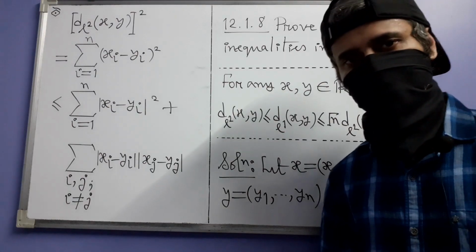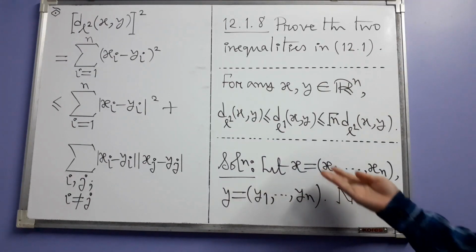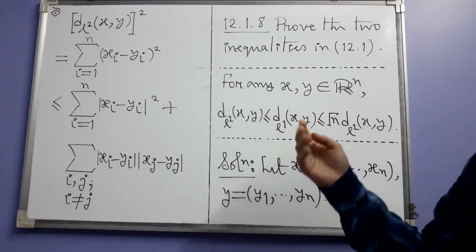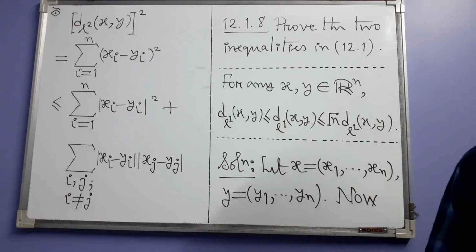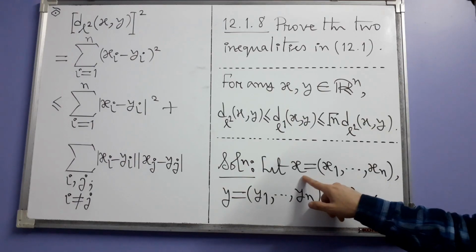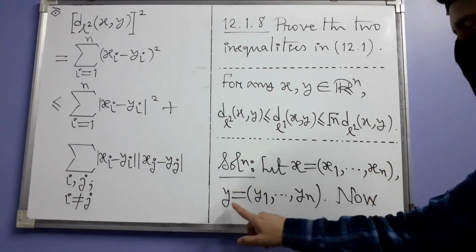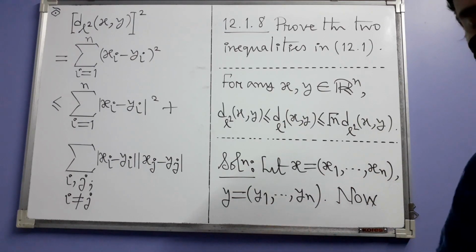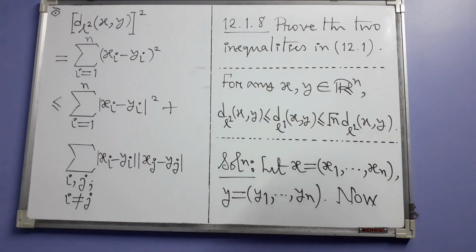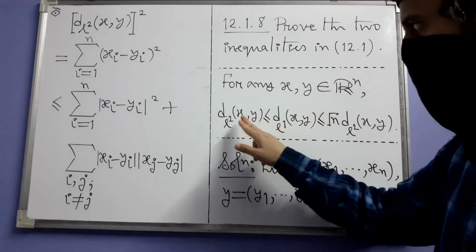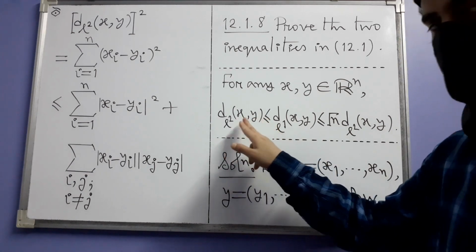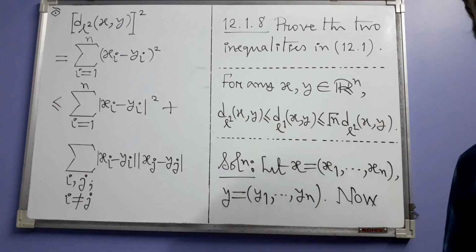We start the solution like this, because here we have already mentioned that x and y are coming from Rn. So let us just write their components. Let the components of x be xi and the components of y be yi. Alright, so actually the first inequality we are going to prove is the first one, namely that this dl2 is less than or equal to dl1.